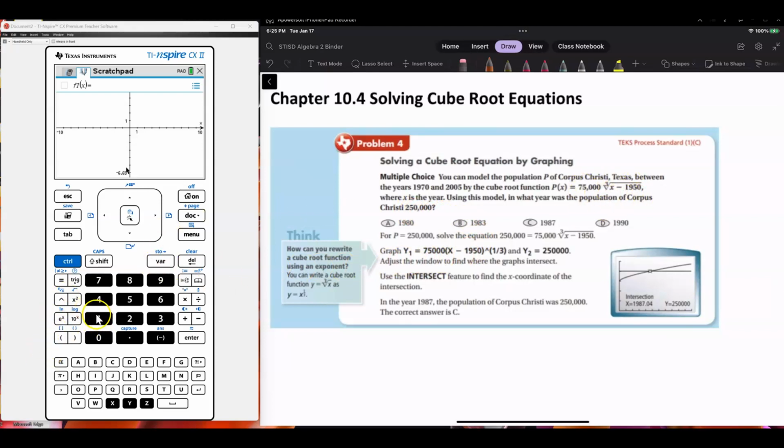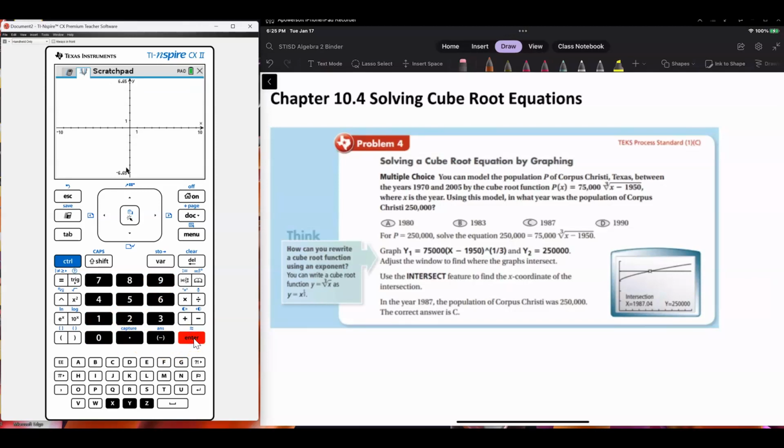So I'm going to write down 75,000, and then I'm going to type in the cube root, and we have x minus 1950.